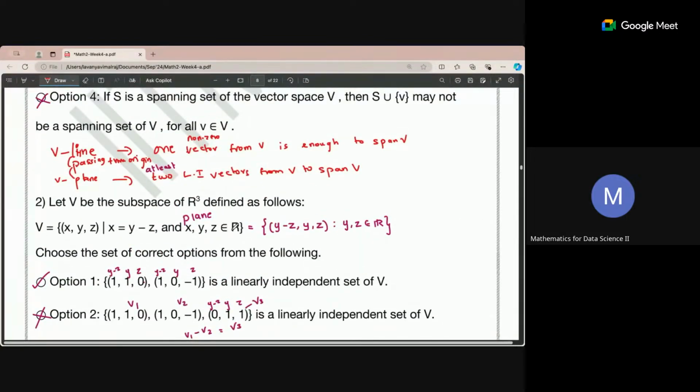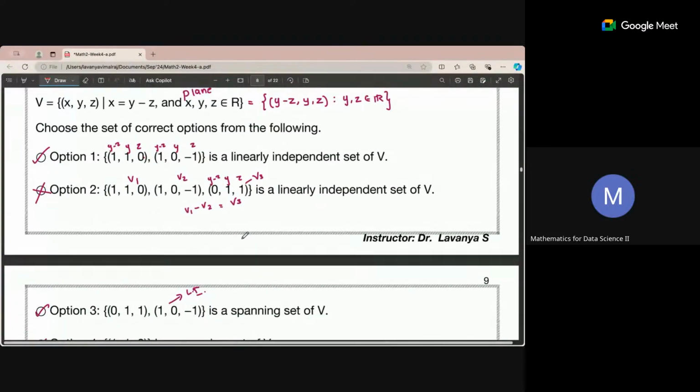It is spanning this set V, which is a plane. This is not your entire R3. We are in R3, but it is just a plane in R3. It is a subset of R3. That plane only alone it is spanning. Yes, right, it only spans this plane, not entire R3.